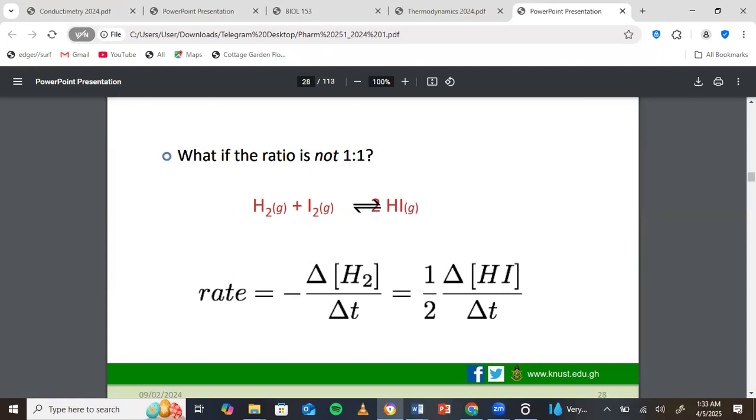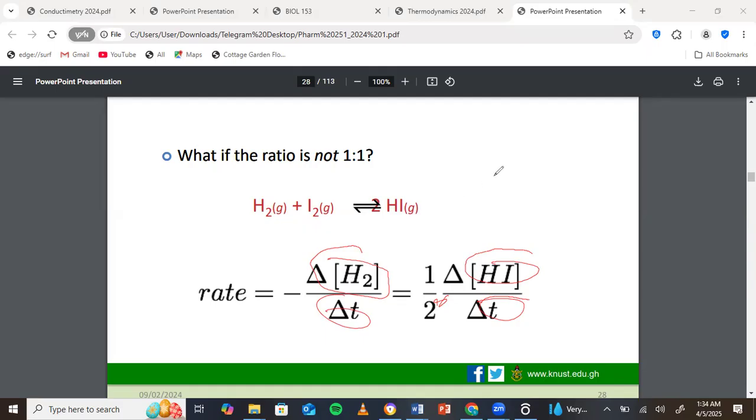And so for us to get a uniform, single, homogeneous rate for the whole reaction, we first state the rate of reaction as the disappearance of the concentration of the hydrogen gas over time. But when we get to the product, it is the appearance of the product over time, and we divide it by 2 so that we can get a uniform rate of reaction for the whole reaction pathway.